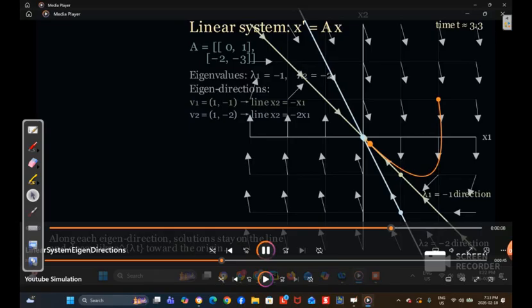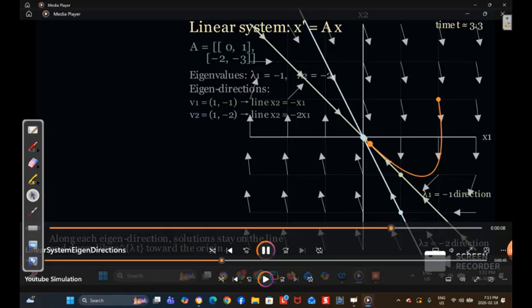And it's approaching zero faster than e to the negative t. This model proves that. So eventually all of the trajectories will align with the eigenvector v1, which is the column vector (2, 1).